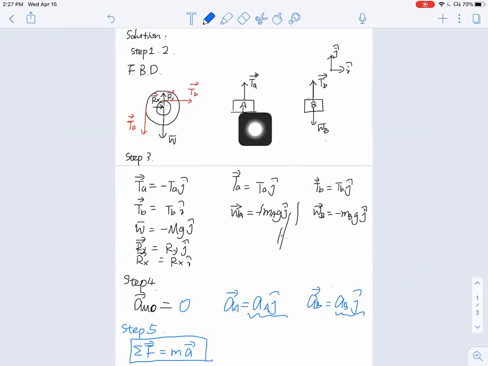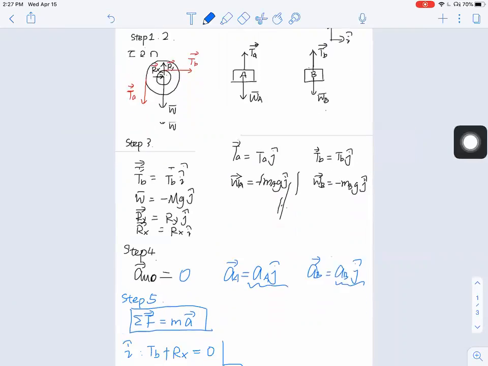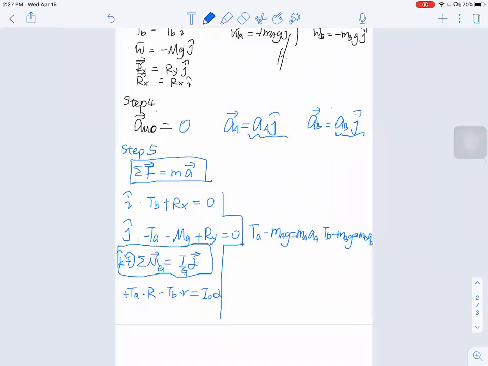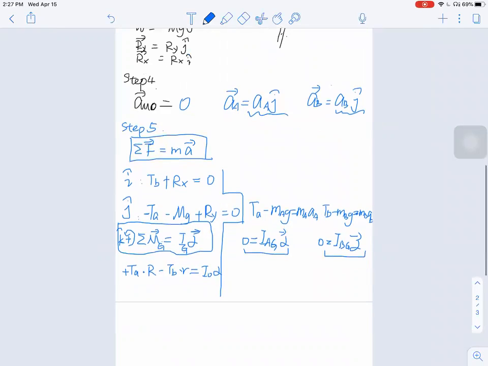That'll be true for both A and B. So if you want to write that, it's kind of pointless. 0 equals I A G alpha, and this goes to I B G alpha. These two equations don't tell us anything. They're useless here.